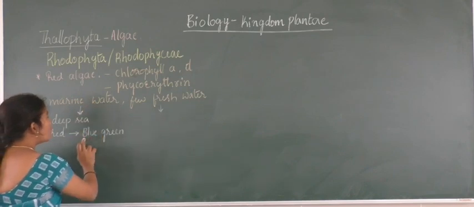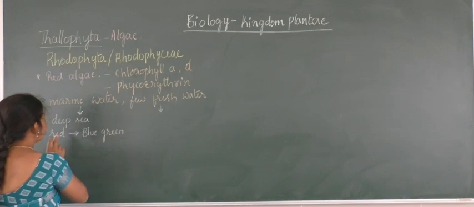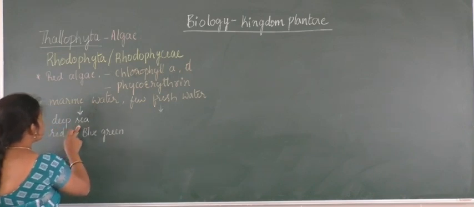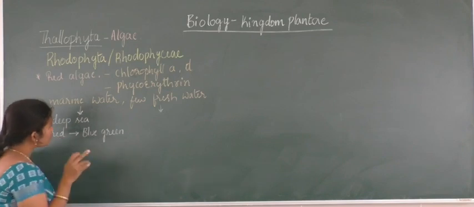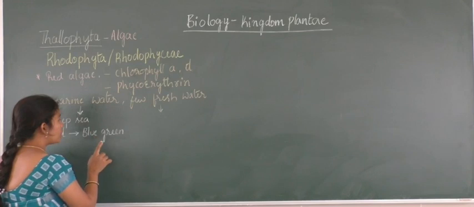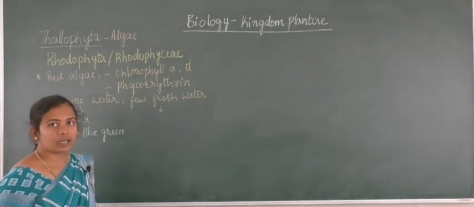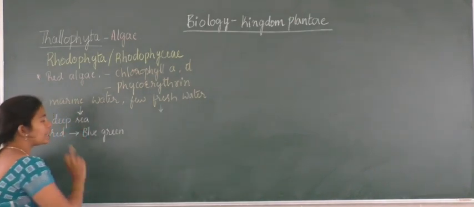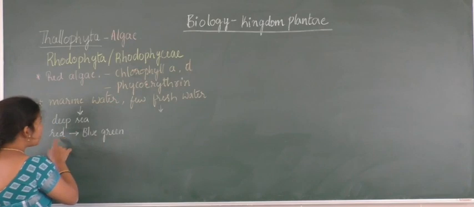Rhodophycean members absorb blue-green color but reflect red color. That's why in deep sea areas Rhodophyta appear red in color. So the question is: which wavelength of light is absorbed by Rhodophycean members present in deep sea areas? That is blue-green, and they exhibit red color.